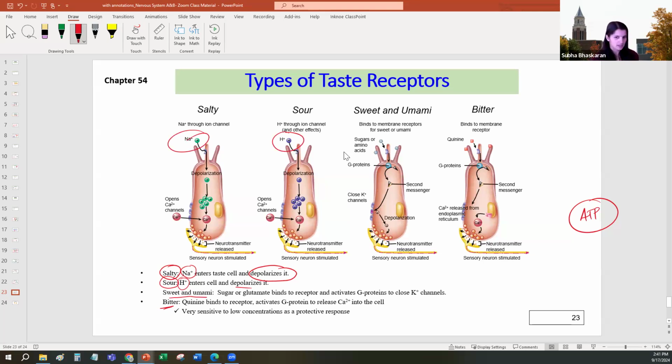Then sweet and umami. It is sugar or MSG, the glutamate, that binds to the receptor. This is where GPCR comes in, right? G proteins. Now, what does it do? It closes K plus.